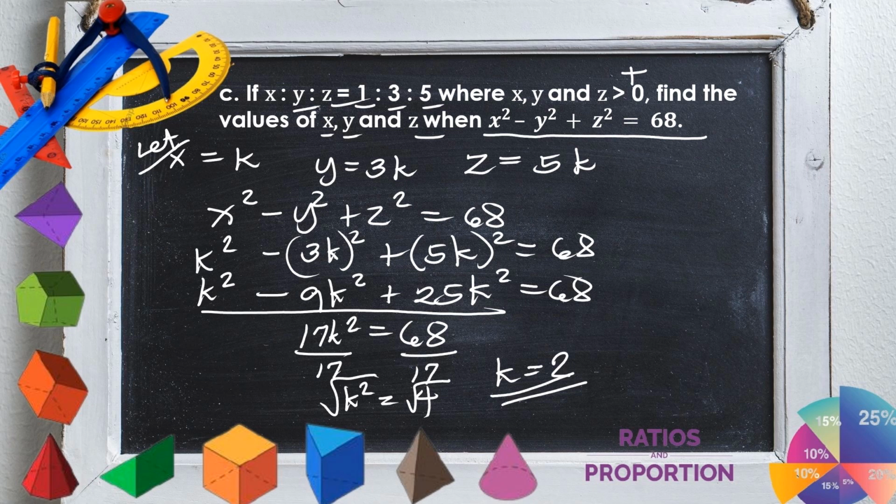So, we already have the value of k. So, we can already get the values of x, y, and z by substitution. Since x is k, it's just simply 2. And then y is 3k, so 3 times 2, that is 6. And z is 5k, so 5 times 2, that is 10.